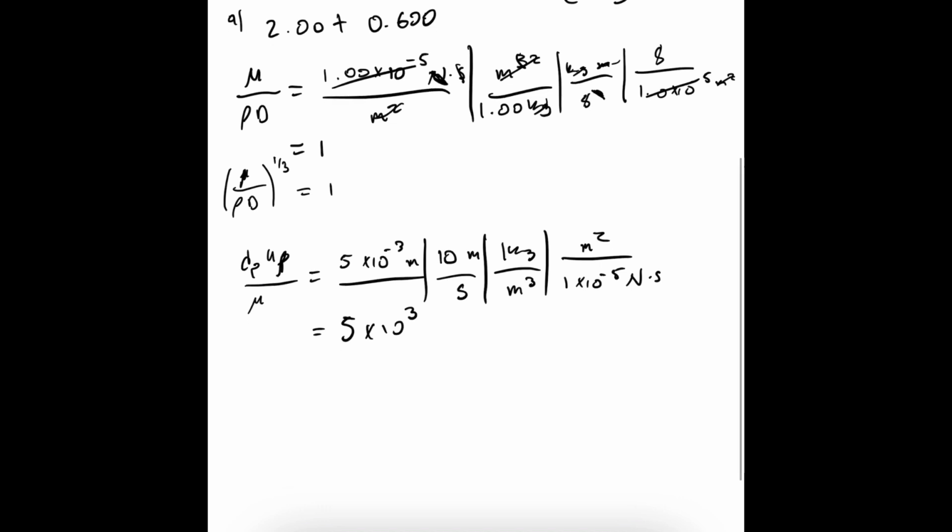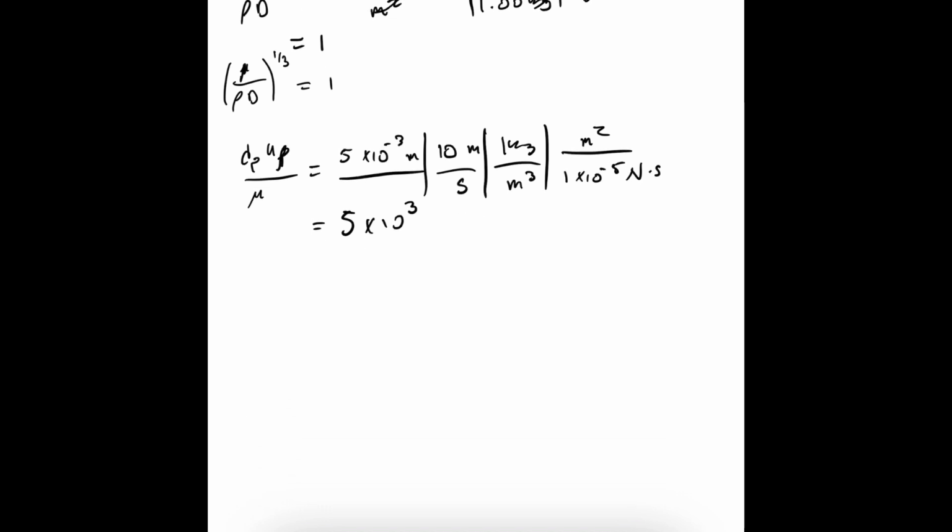Now we look at what (dp u rho over mu) to the 1/2 equals: 70.71. Okay.